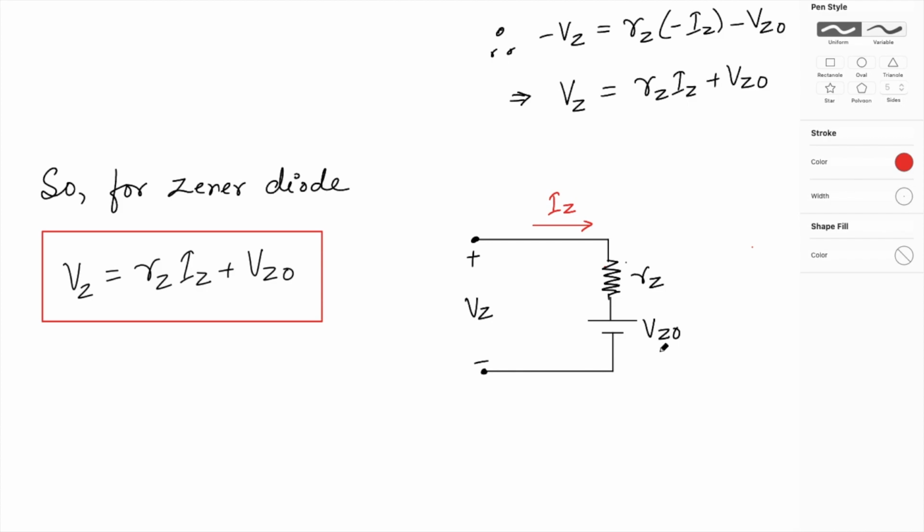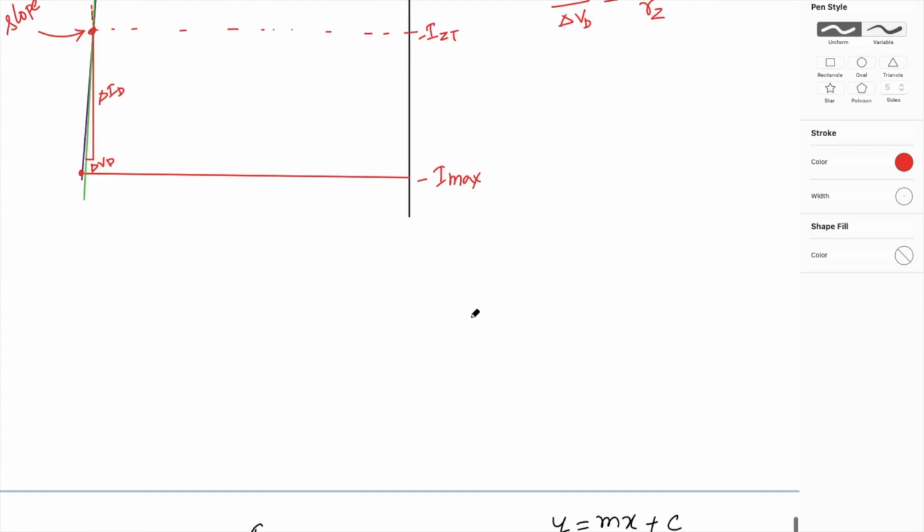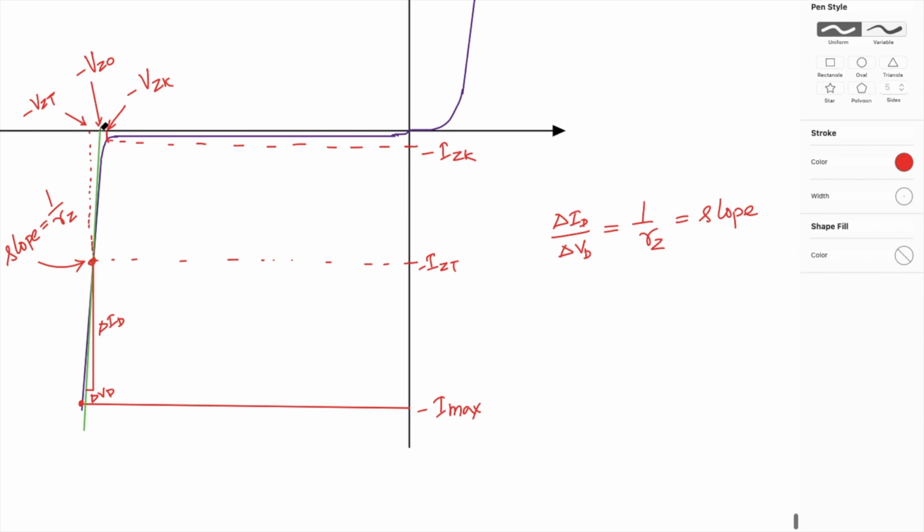What it means is that my Zener diode is supposed to have a constant voltage, which ideally should be just a constant voltage Vz0, but because of this small slope, there will be a small component of resistance, and as the current increases, this slope will take care of the slight increase in the voltage.